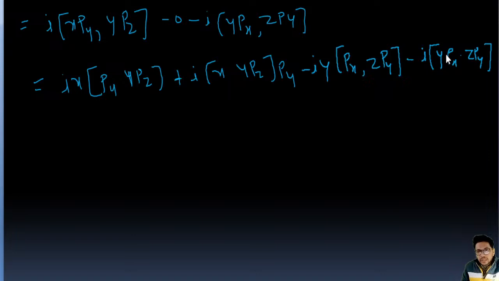Just wait, this term is correct. So this one is iota x ypz py minus iota px zpy minus iota yzpy, okay.